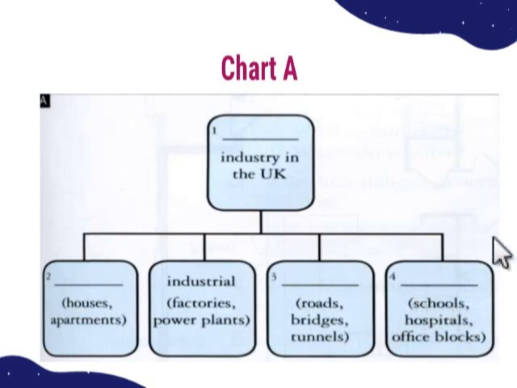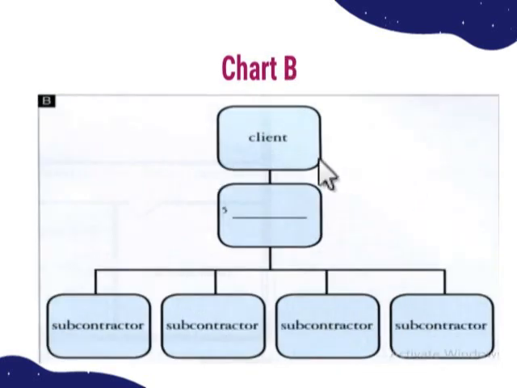While for chart B, this is the client, and what is the best part to fill in for number five here, like I have explained before. So the client will deal with who, and then this one will deal with this one. The subcontractor will handle the equipment and the material, and also other things like labor or any kinds of procedure that happen on the site.